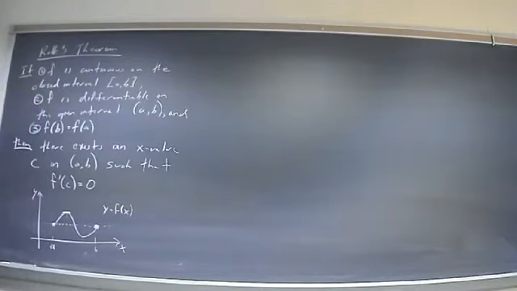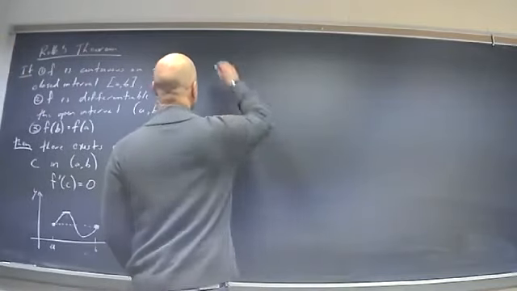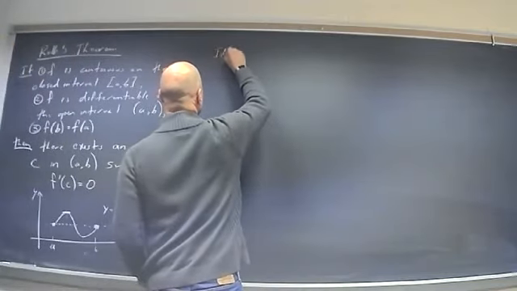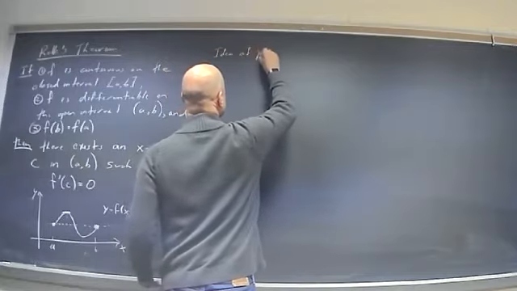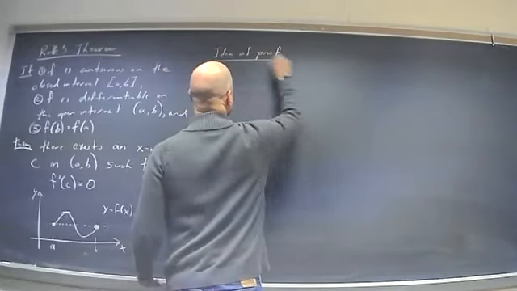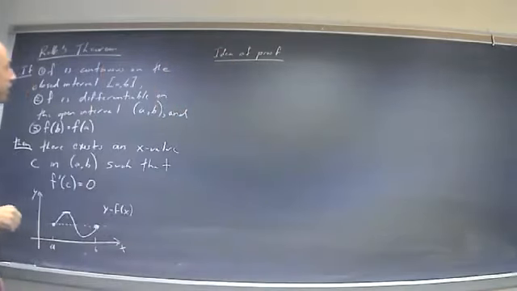Okay, so let's talk about the idea of the proof. The proof is written out formally in your textbook if you look in the section that has to do with Rolle's theorem and the mean value theorem, that's section 3.2. I'm just going to give you the idea.